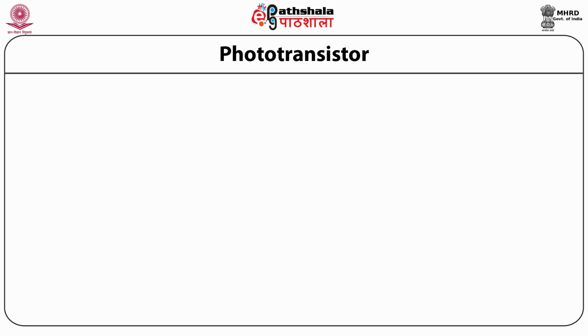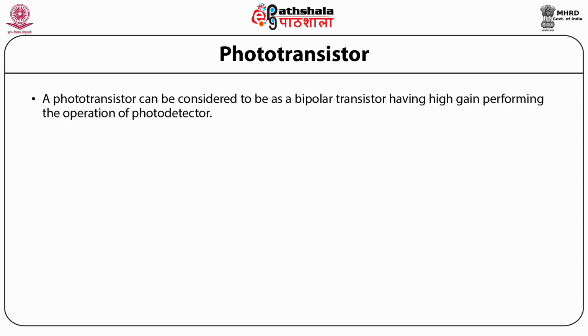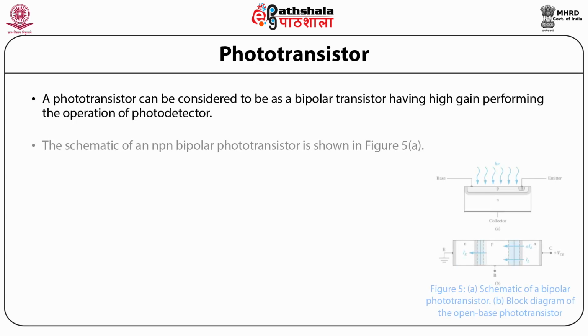Let us now discuss a phototransistor. A phototransistor can be considered as a bipolar transistor having high gain performing the operation of a photodetector. The schematic of the NPN bipolar phototransistor is shown in this figure.